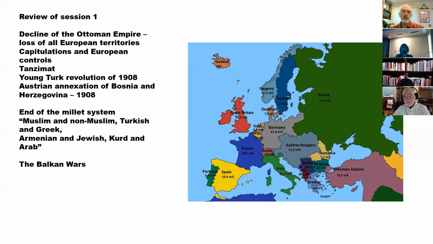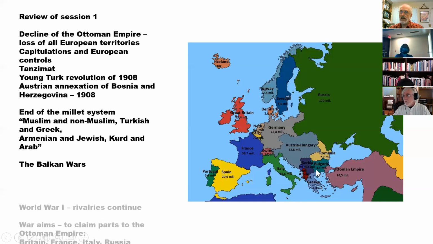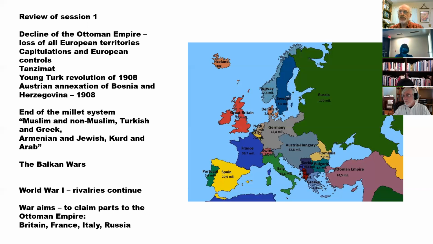Just for your information, we now have a country called North Macedonia, which is in a lot of dispute over a whole series of things now. And in World War I, those rivalries of the Balkan Wars continued. And in my own mind, World War I is a kind of third Balkan War.